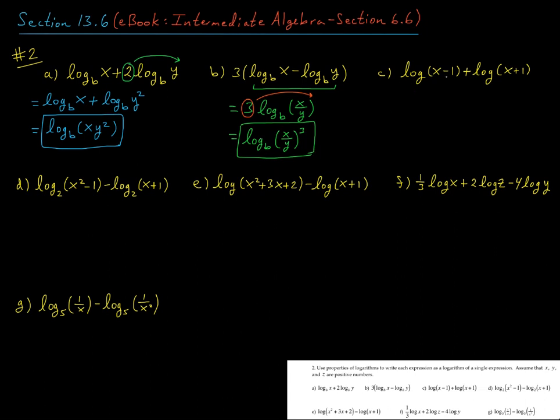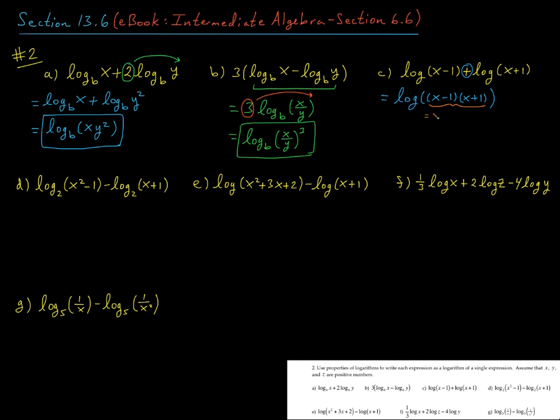All right. How about C? We got log of x minus 1 plus log of x plus 1. What stands out first is that it's a sum of logarithms. So this would be log of this quantity, x minus 1, times this quantity, x plus 1, close parenthesis. Now here, notice this product of x minus 1 times x plus 1, I could go ahead and multiply that out.